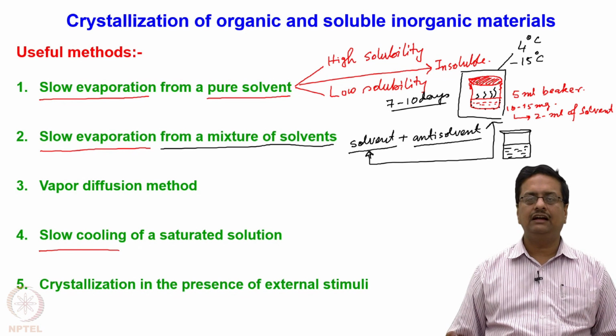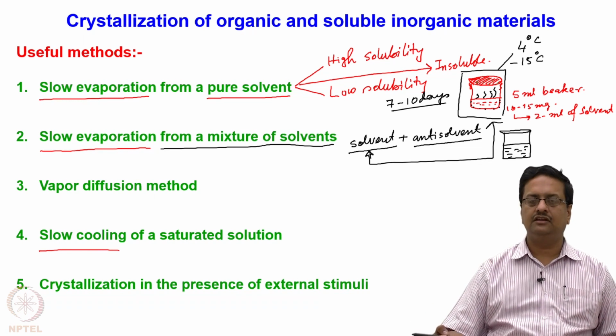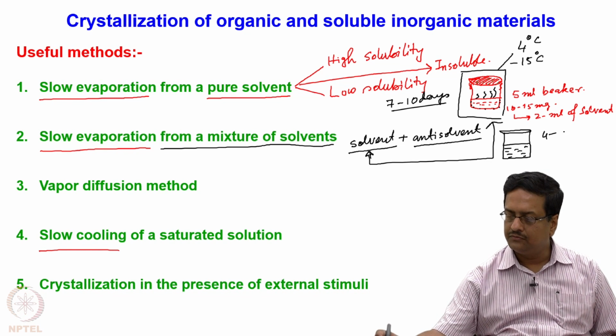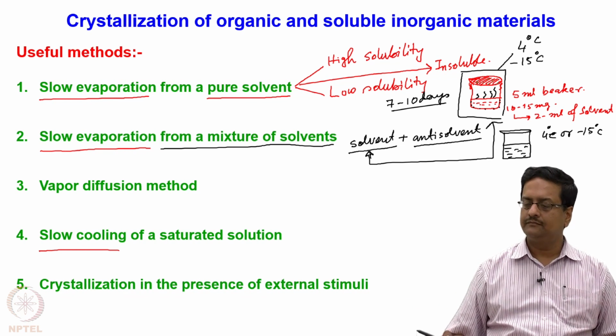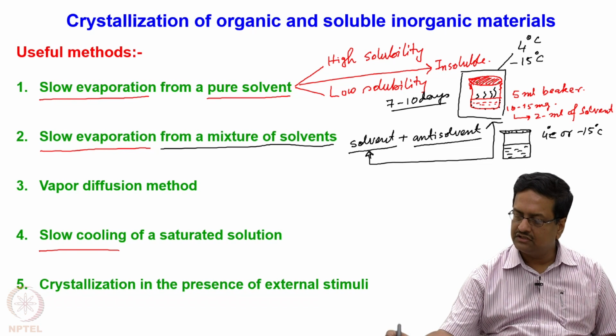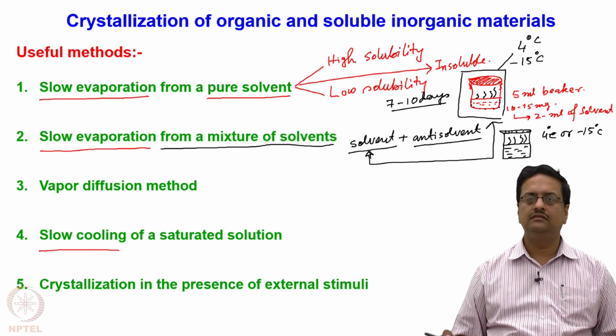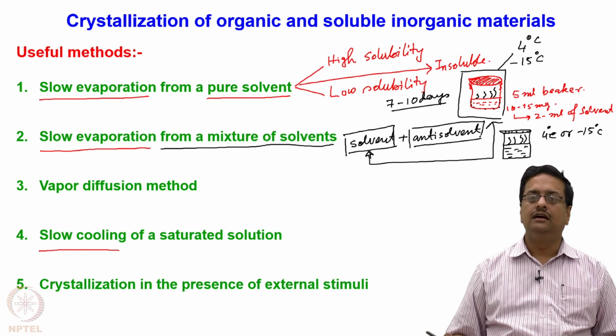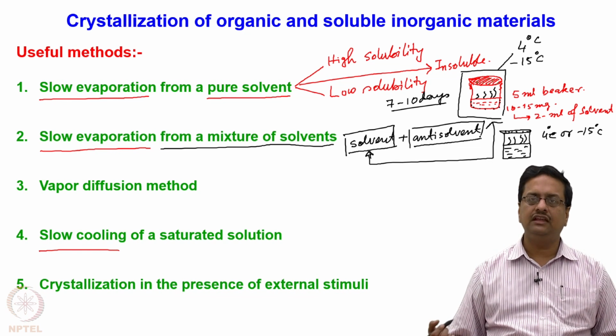Now, when this solvent system slowly evaporates at about 4 degrees centigrade or at minus 15 degrees centigrade in a freezer, the slow evaporation process will be controlled by the rates of evaporation of the solvent and anti-solvent, and a phase equilibrium will be reached.